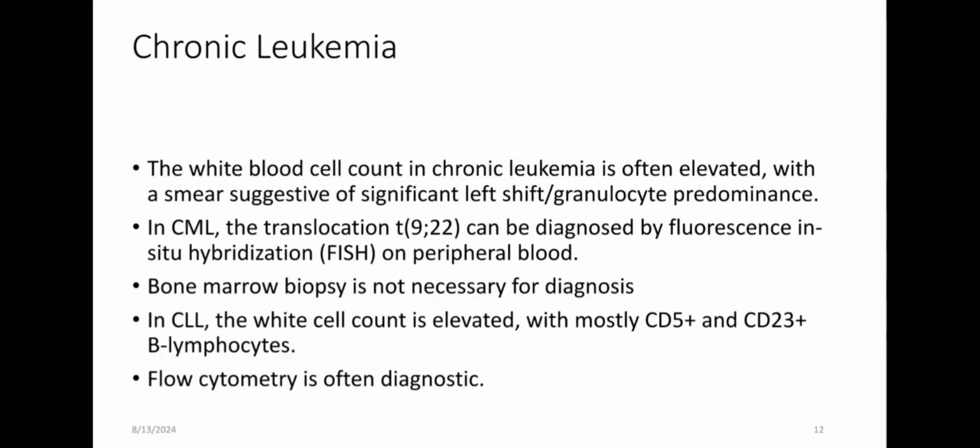Bone marrow biopsy is not necessary for diagnosis, but if done, it will show 100% cellular marrow with increased granulocyte precursors, basophils, eosinophils, and occasional monocytes. And flow cytometry is often a diagnostic test for chronic leukemia.